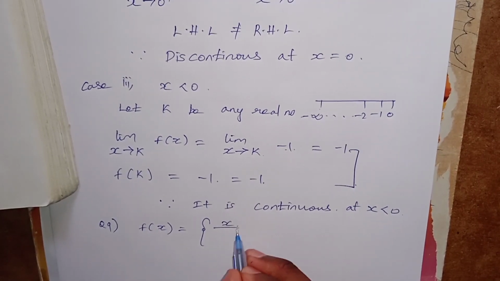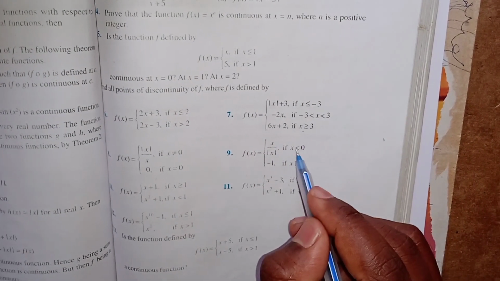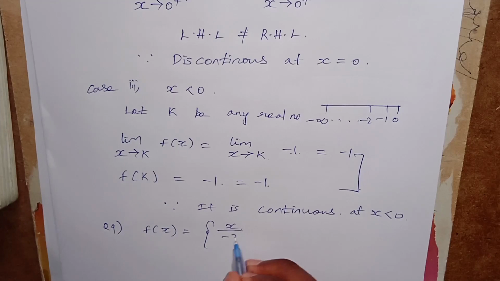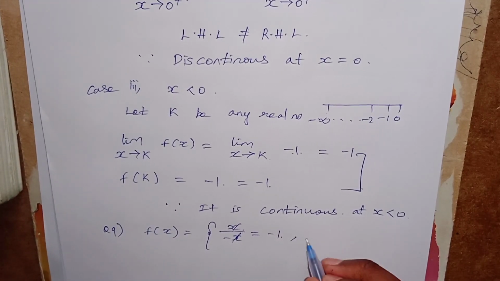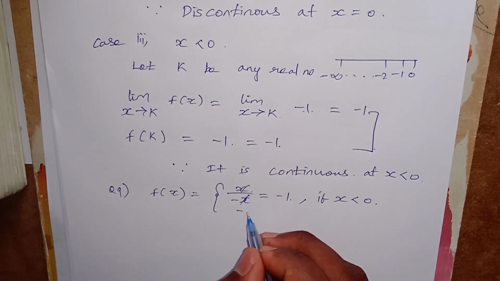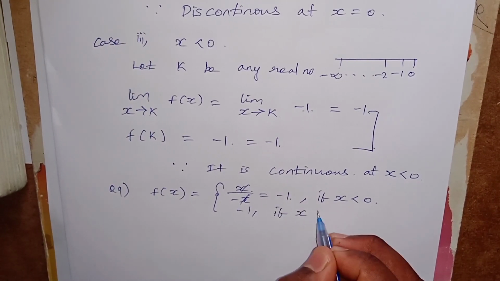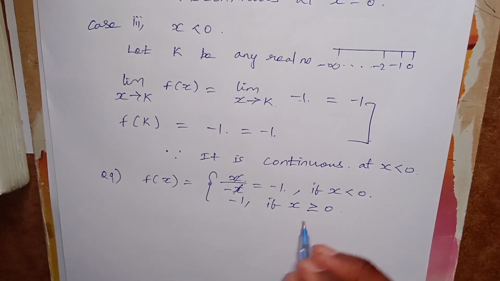For a modulus function you have to take the plus value and the minus value, but here it is clearly mentioned x less than 0, so here it is minus x. Therefore if you cancel, you will get minus 1 if x is less than 0, and again minus 1 if x is greater than or equal to 0.